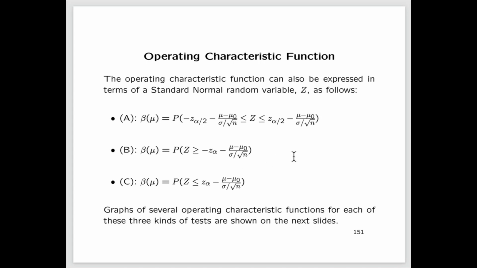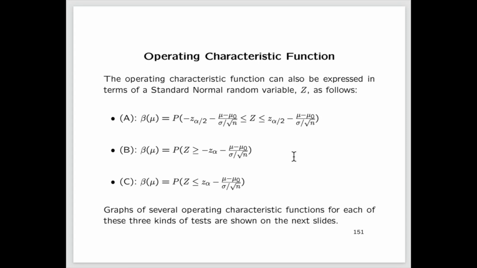So in actuality, the operating characteristic function is a function of more than just the population mean mu. It certainly depends on mu, but it is also dependent upon the significance level of the test, the hypothesized value of the population mean, the population standard deviation, and the sample size. So it is really a function of those various quantities.